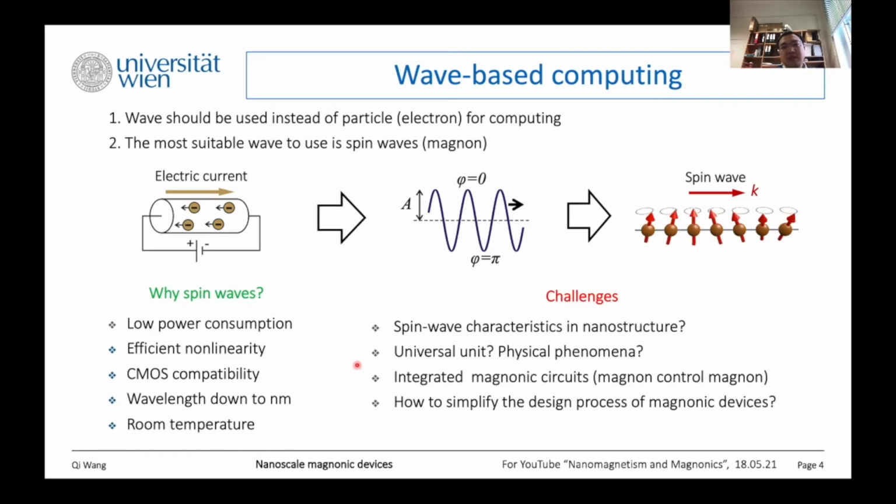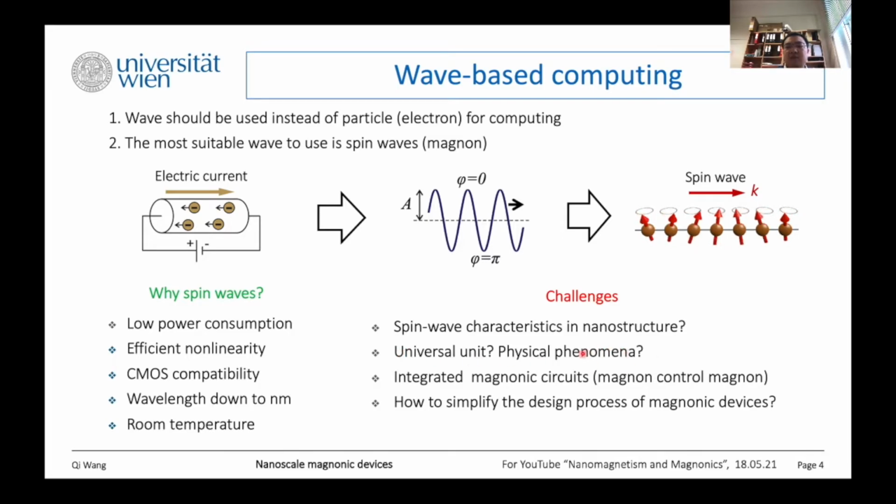Before we go to spin wave-based computing, there are several challenges. The first one is that spin waves have been well studied in macro or microstructures, but never in nanostructures. What are the characteristics of spin waves in nanostructures? And can we develop a universal unit like a transistor in the CMOS?